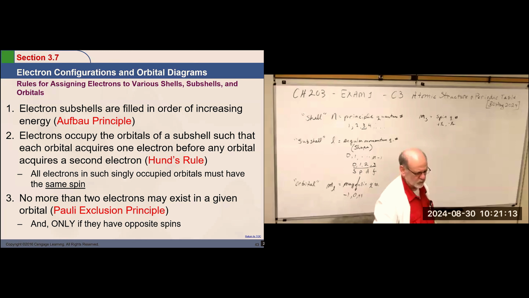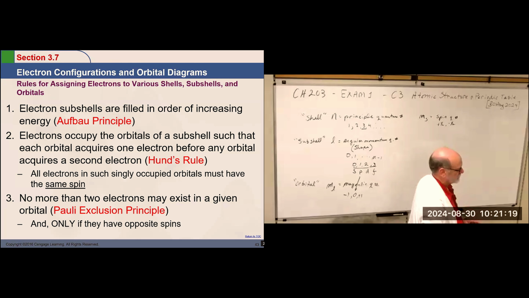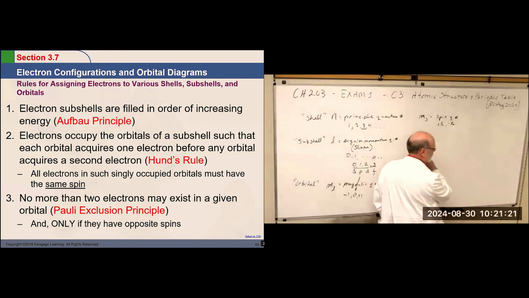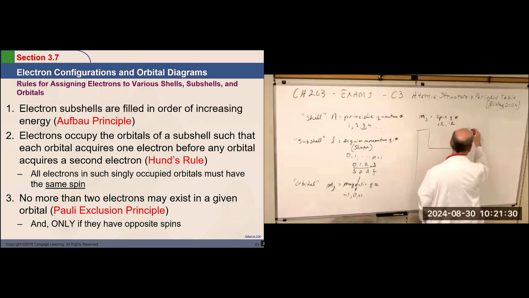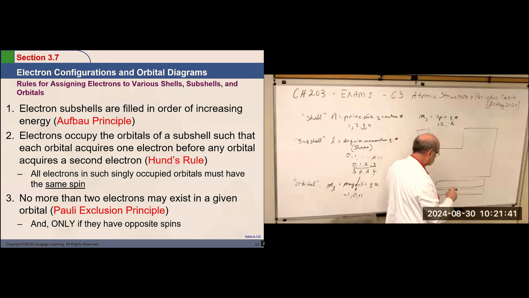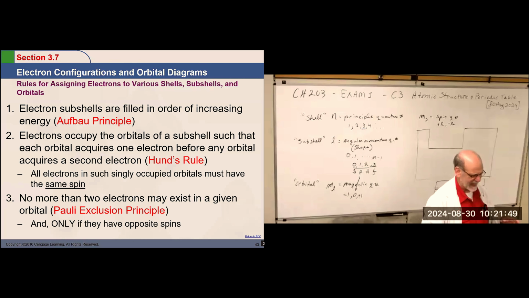All right, before we get into these rules, I want to point out how the periodic table is structured. Let me just draw or rough out a periodic table. So we have it like this. Think of building an atom, 1 proton and 1 electron at a time.